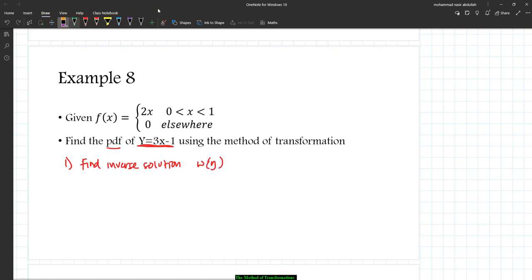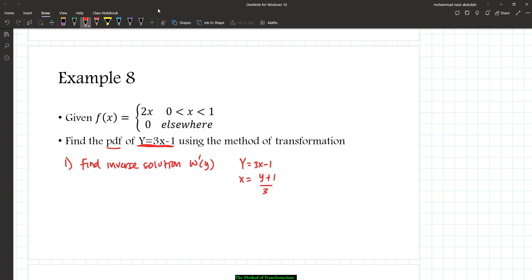So the inverse function w(y) means that y equal to 3x minus 1, and we want to find the value of x. x should be equal to (y plus 1) divided by 3.